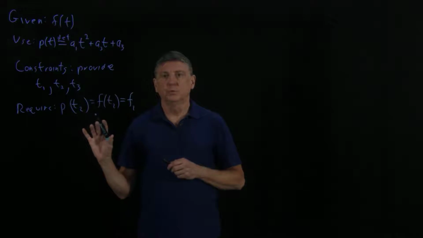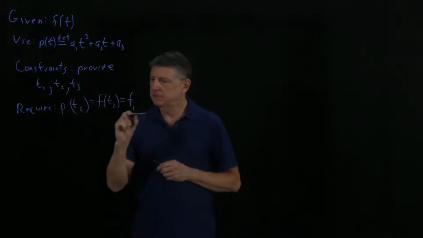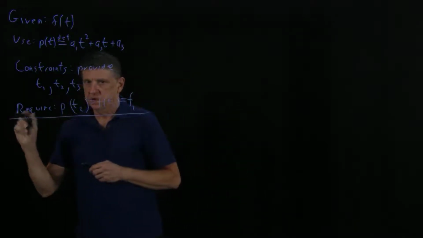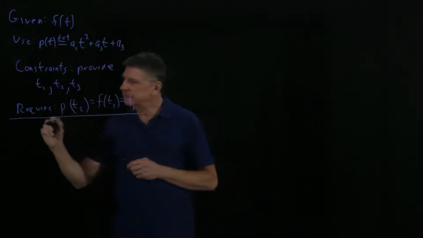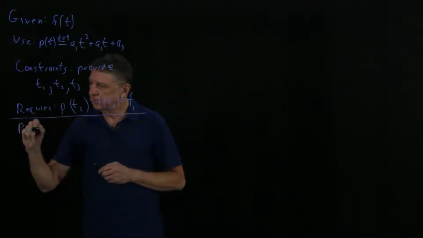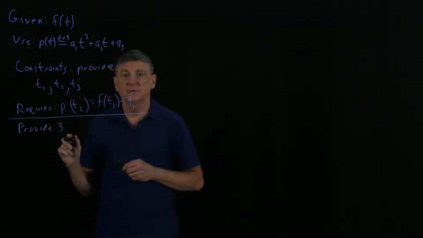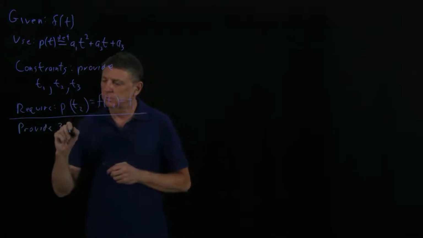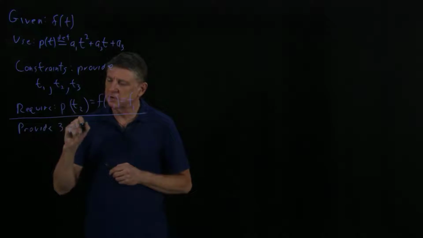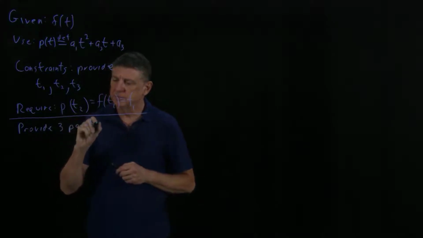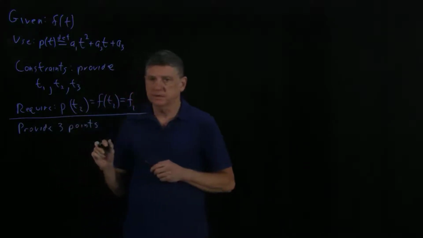Let's go through three typical cases. The first one is to provide 3 points. So provide three values of that scalar argument. We'll call the value of a scalar argument a point. And so we want them to provide 3 points.